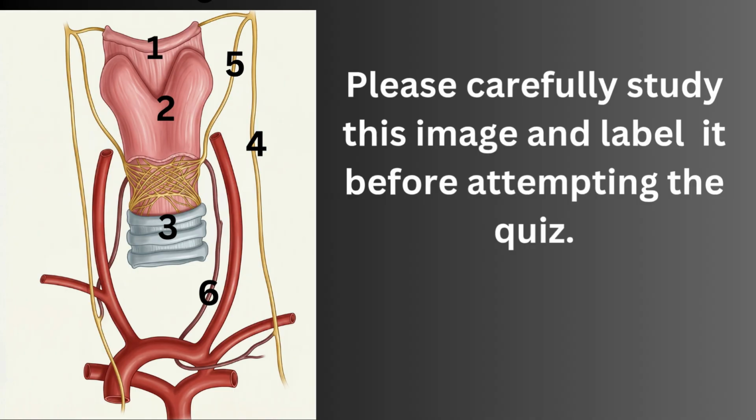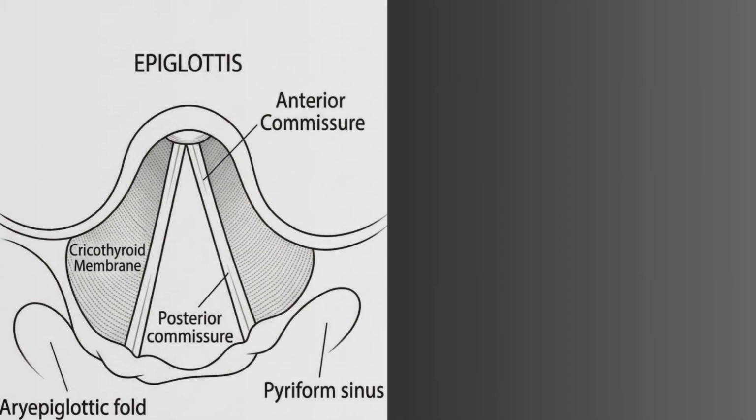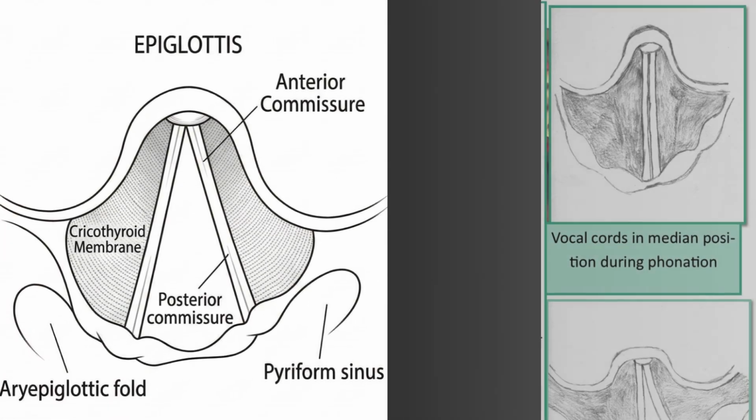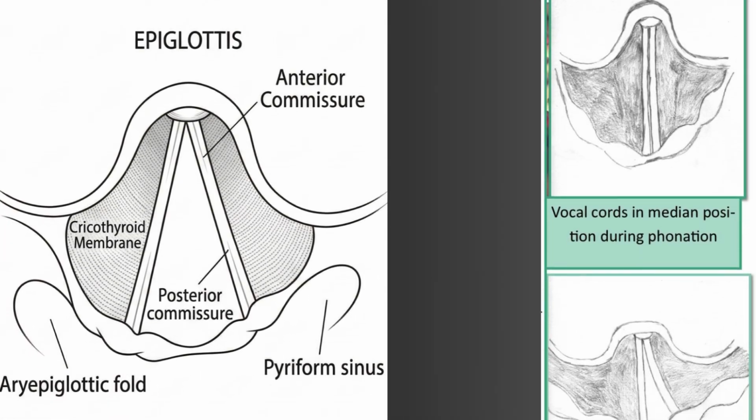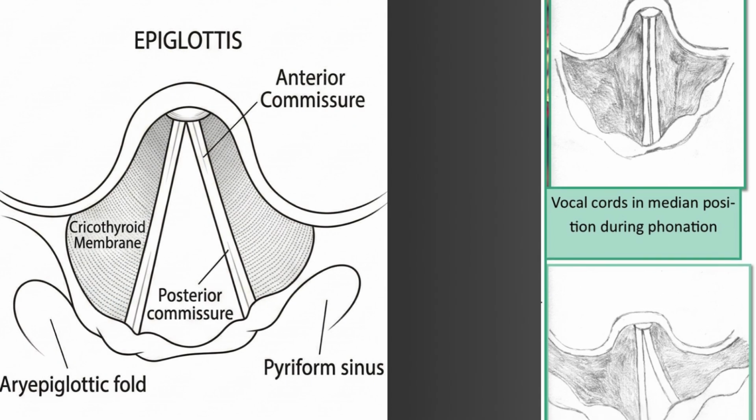Hyoid bone provides support to the larynx and the extralaryngeal muscles. There are a number of intrinsic and extrinsic muscles. The extrinsic muscles are both suprahyoid and infrahyoid.